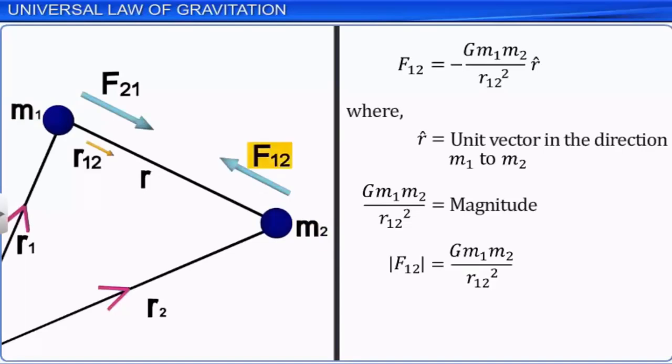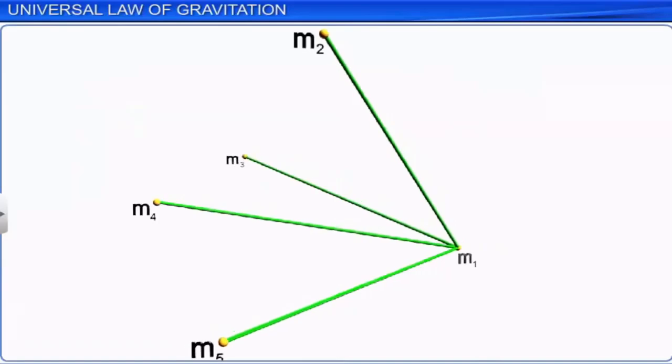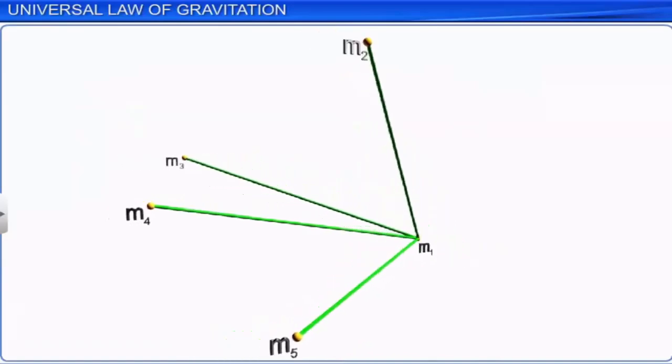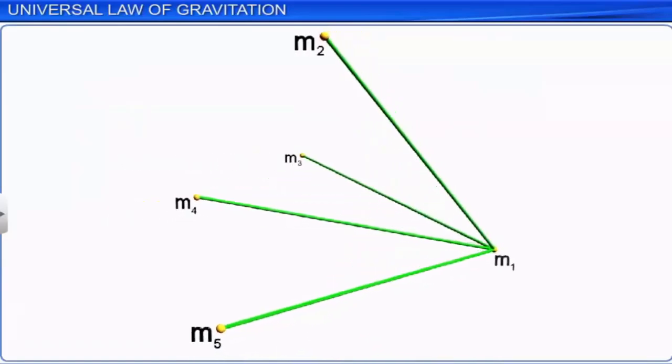Now, let's consider a system with more than two point masses, say M1, M2, M3, M4 and M5, placed at different positions in space. In this case, the net gravitational force exerted on a single mass, say M1, is the vector sum of the gravitational forces of all the other four masses on M1.